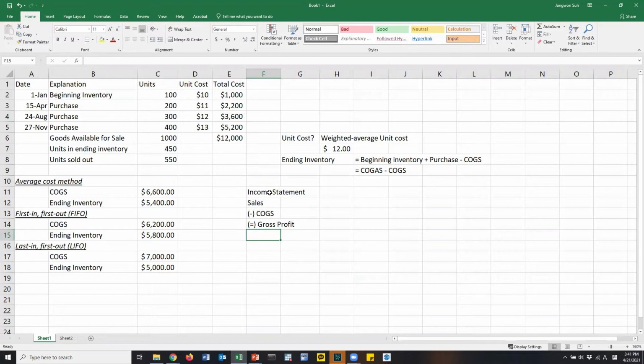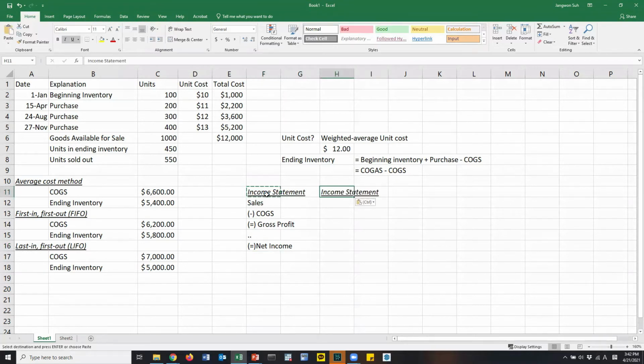Then you have net income. Again, on the LIFO, cost of goods sold is the highest. What's the impact on net income then? Under the LIFO, your net income is the smallest, right?